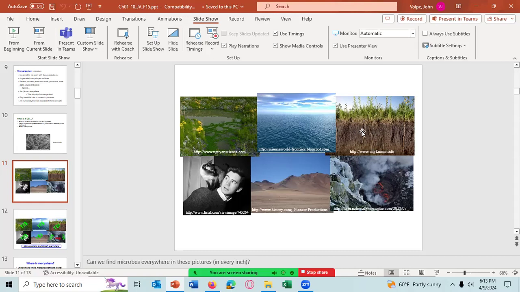Do we find microbes in the soil? Yes. Yeah, you find microbes underneath the ground, meaning the surface, or underneath the surface of the ocean. You can go down about a mile and you can find microbes. And that's assuming that the soil is soil and or ocean sediment, meaning that it's not rock.